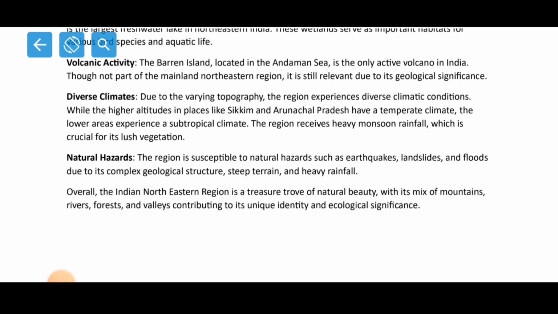Our Mawsynram is known as the wettest place on earth, right? And we should take pride in it, that this particular place, Mawsynram, is located in our own state, right? So we should be proud citizens of the state.